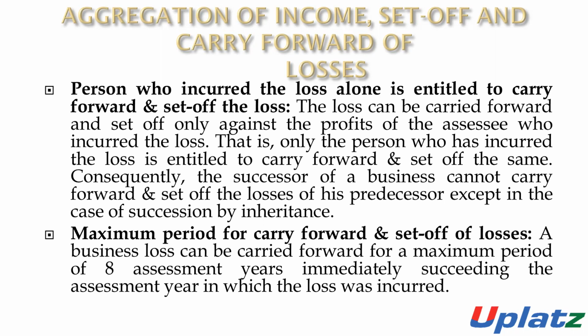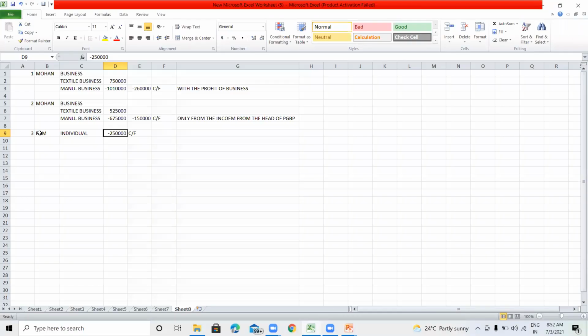Subsequently, the successor of the business cannot carry forward or set off the losses of his predecessor, except in the case of succession by inheritance. Suppose the business of Mr. Ram is succeeded by Mr. Mohan.